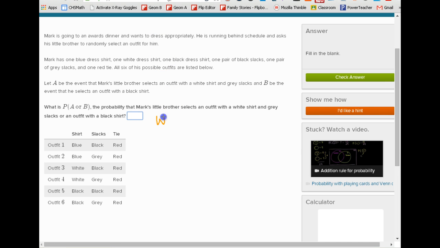So white and gray equals A. So A is a white shirt, right, and gray slacks. So let's find A here.